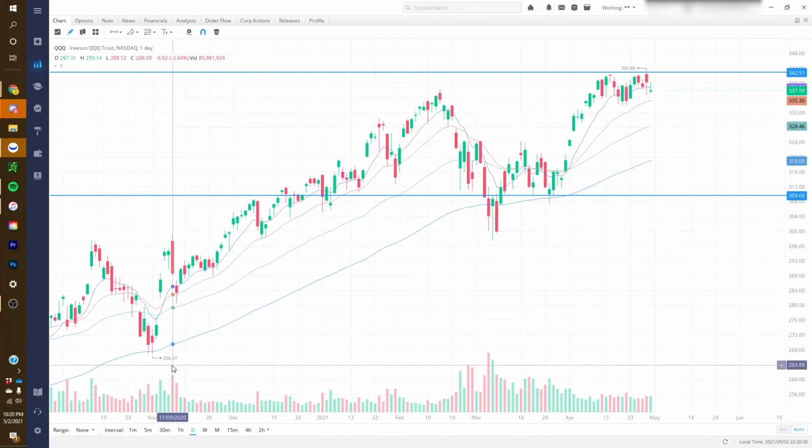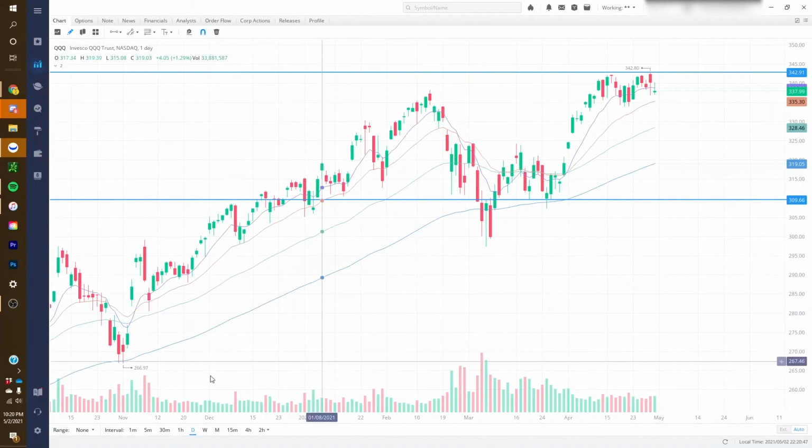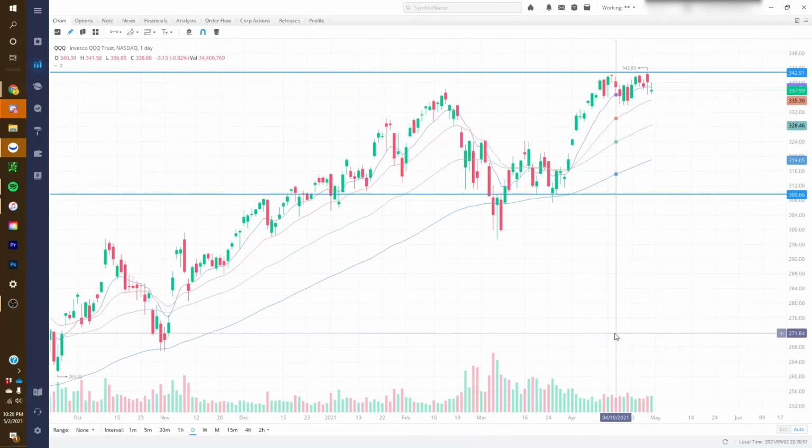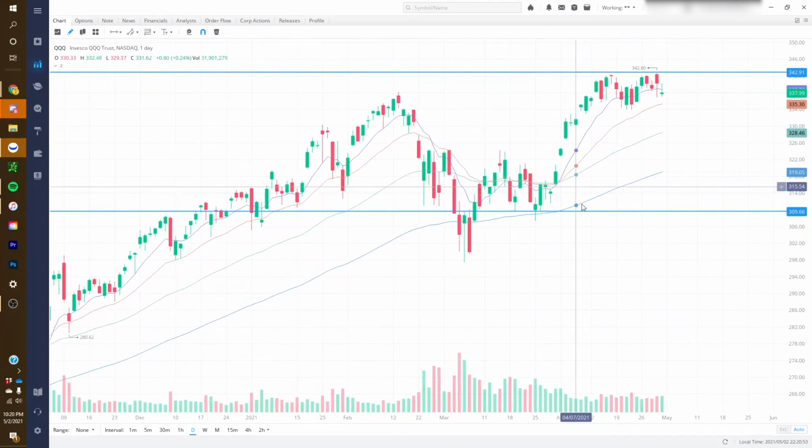You don't need to plot all the way down here at 266 per se, where this low is, because it has nothing to do with the stock is currently at 337, I think it is. So you shouldn't expect it to be at 266 anytime soon. If it were to go somewhere down to 266, then okay, you could plot support and resistance when it gets down there, but no need for that.